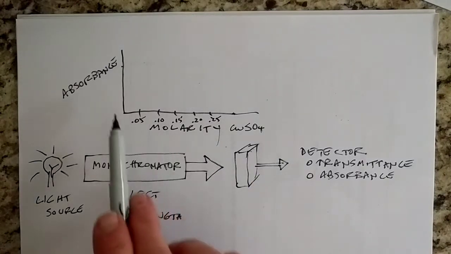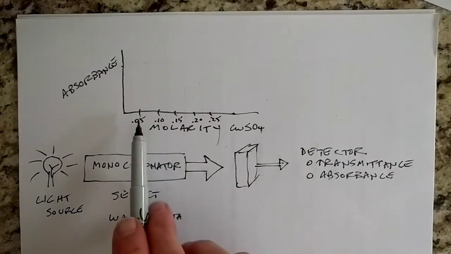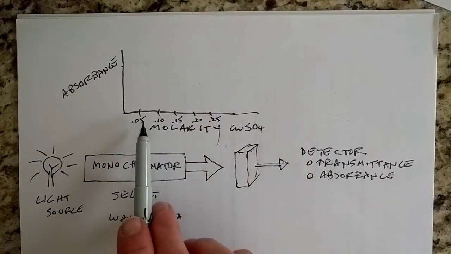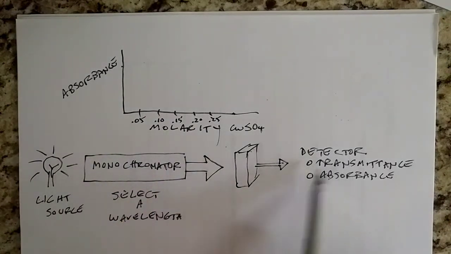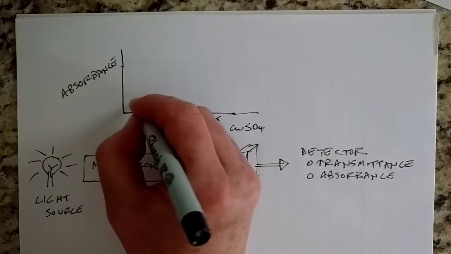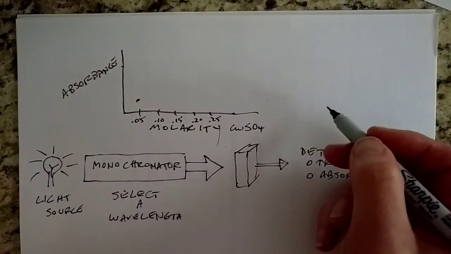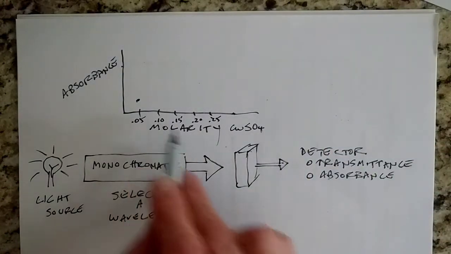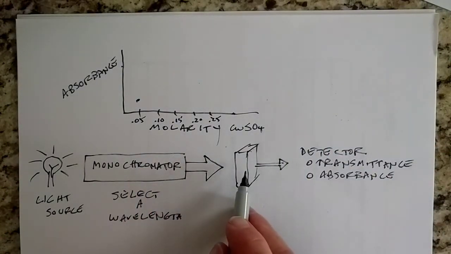So to get our plot, we put in a solution of 0.0500 molar, and the absorbance will be displayed on the detector, and we plot that, whatever that absorbance is. Then we empty out the cuvette, put in some of the 0.10 molar copper sulfate, and see what our absorbance is.